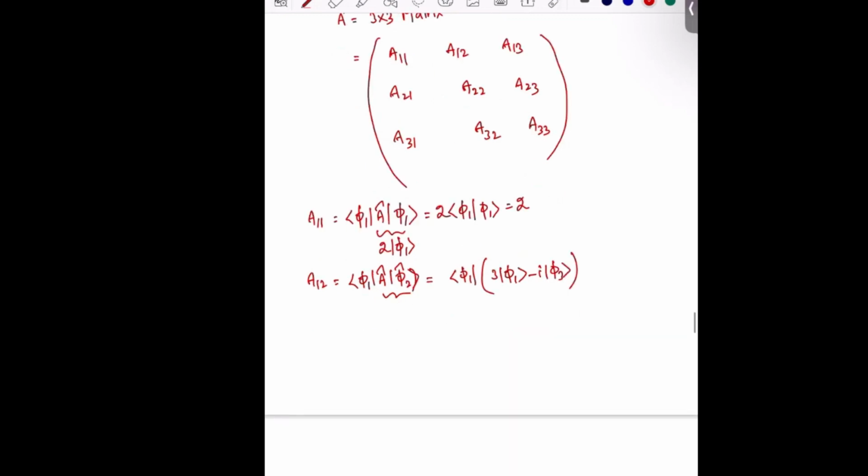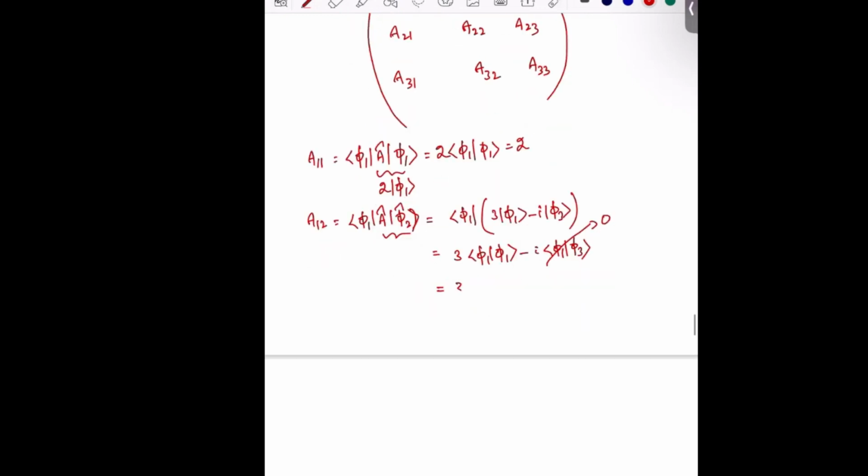Okay, so now if you multiply it, this is phi 1, phi 1 times 3, and this is i times phi 1, phi 3. But this is 0 because these are orthonormal bases. So the final answer is 3.